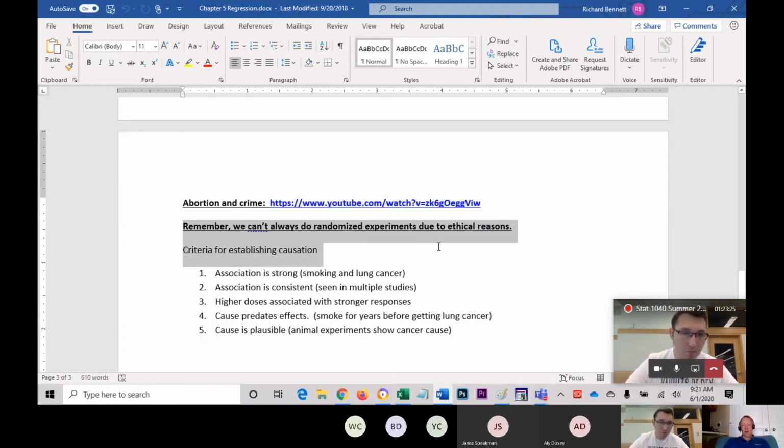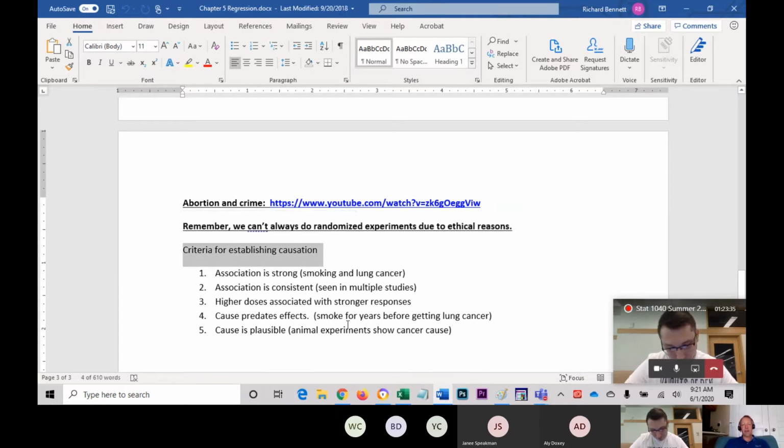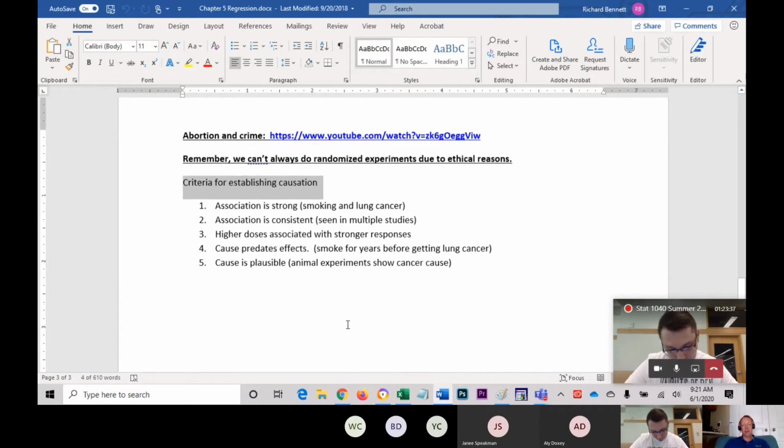Another thing I want to point out here, remember we can't always do randomized experiments due to ethical reasons. The criteria for establishing causation is, number one, the association has to be strong. Smoking and lung cancer would be an example.